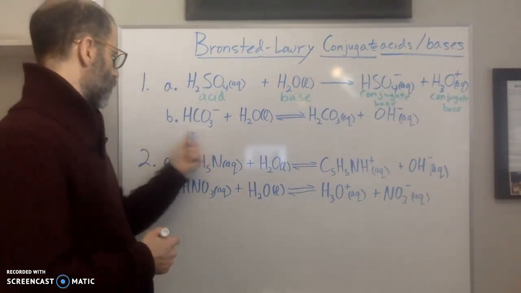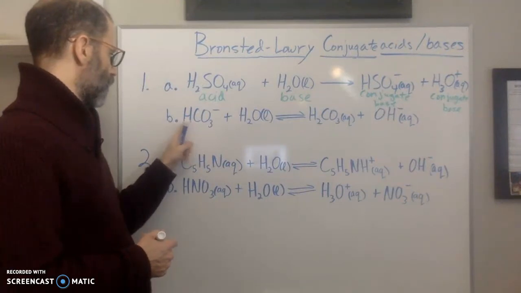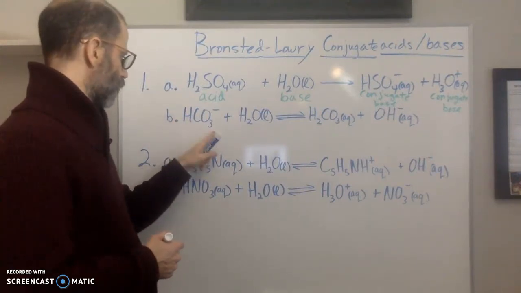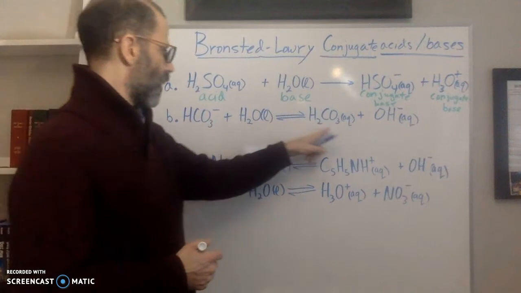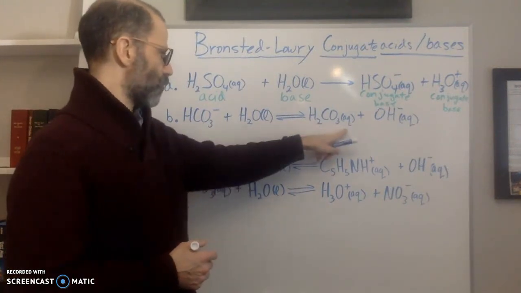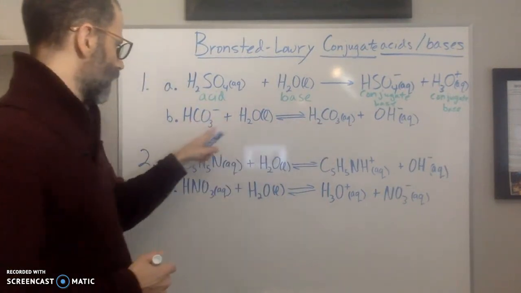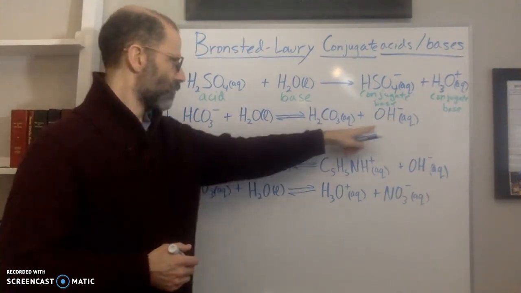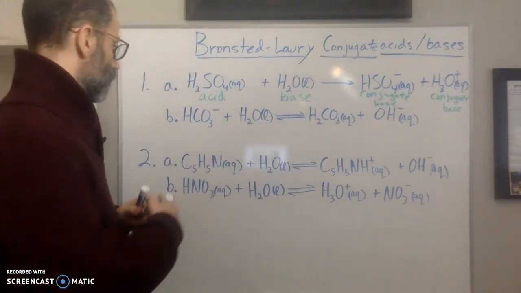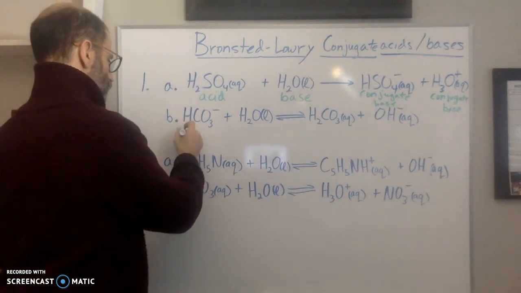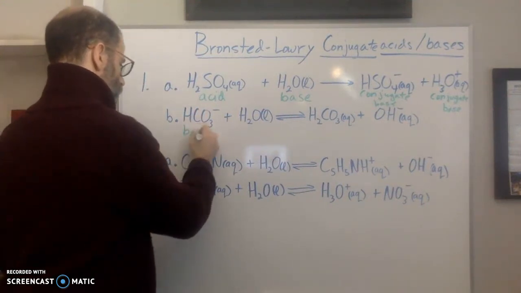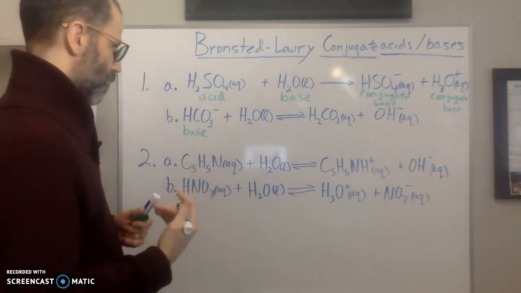So what we notice here is HCO3 minus becomes H2CO3. So it's gaining hydrogen, and it looks like it's coming from the water. So this here is the base because it's accepting a proton.